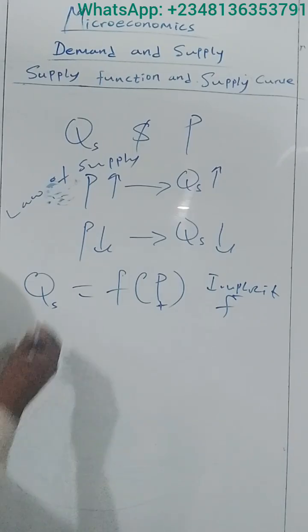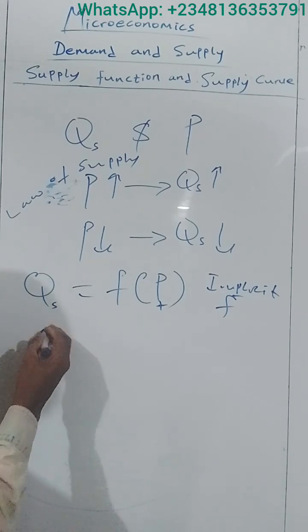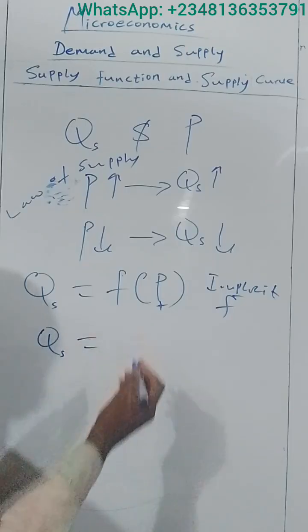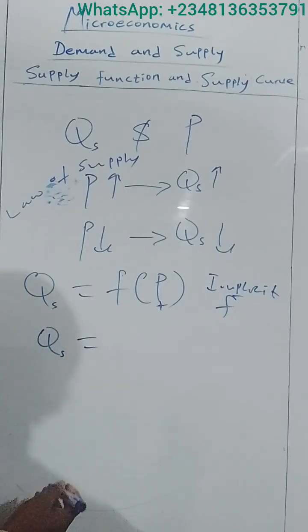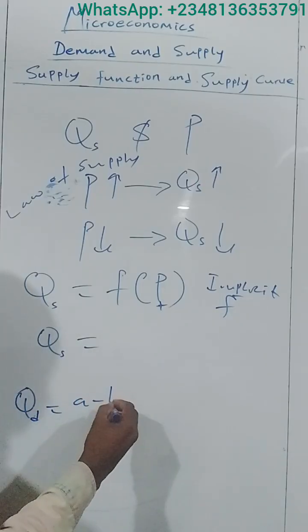In other words, I can express the supply function as Qs equals, because I don't want it to conflict with the demand function, which we expressed as a minus bP.